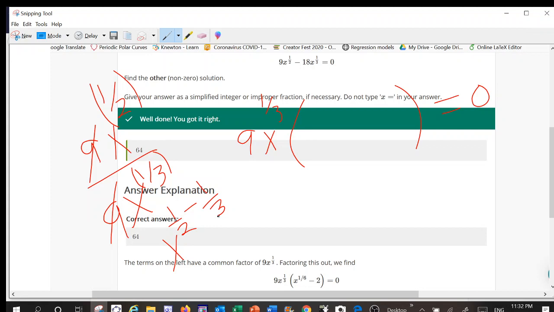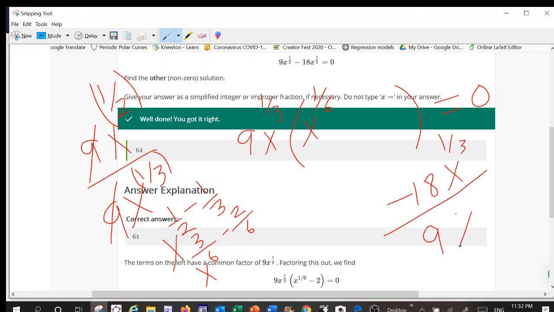So that would be x to what? 3 over 6 minus 2 over 6, and that is 1 over 6, and so we get x to the 1/6. And what is negative 18x to the 1/3 divided by 9x to the 1/3? Well, negative 18 divided by 9 is negative 2, and these two cancel. So that's how we get this right here.